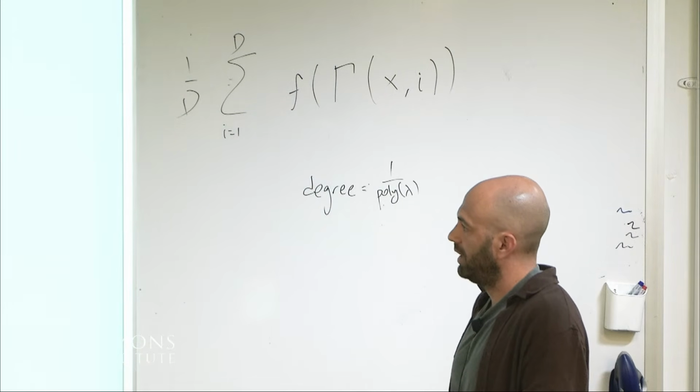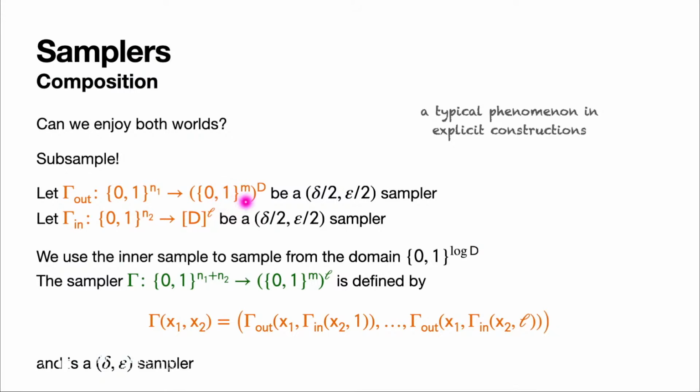Say I want to sample {0,1}^m. I take gamma out and gamma in. So gamma out samples {0,1}^m using capital D samples. And then the inner sampler samples from capital D using, say, little l samples.